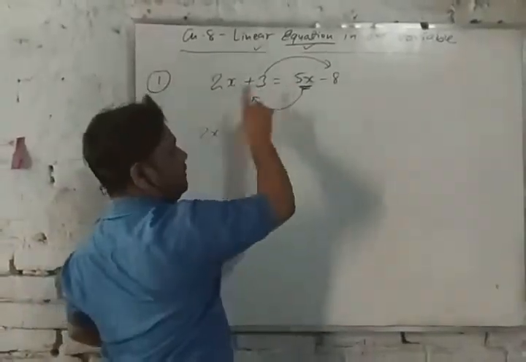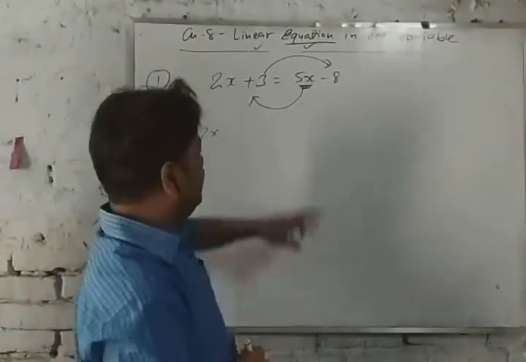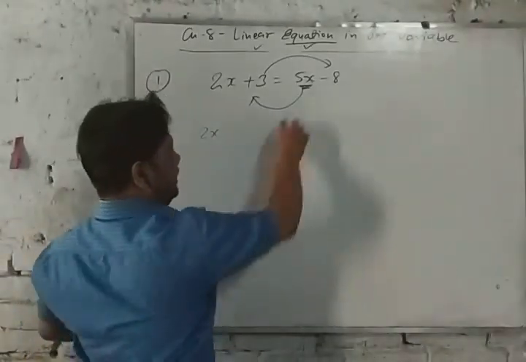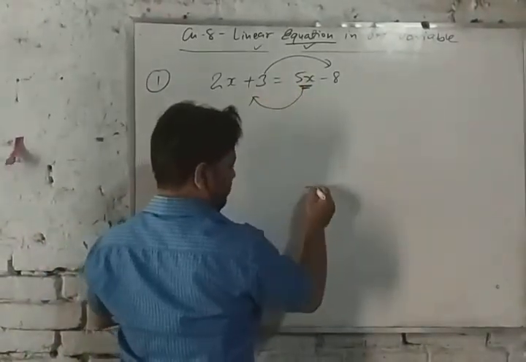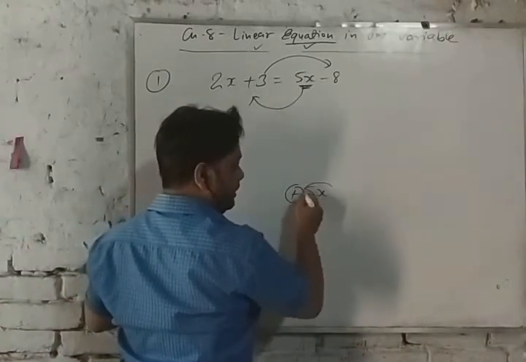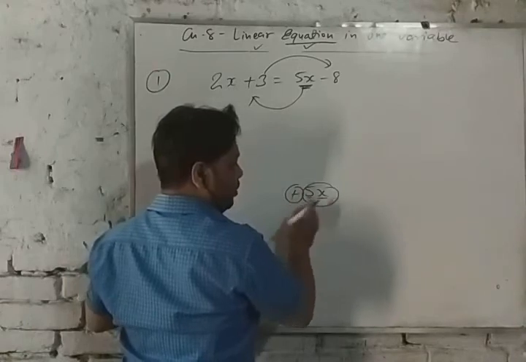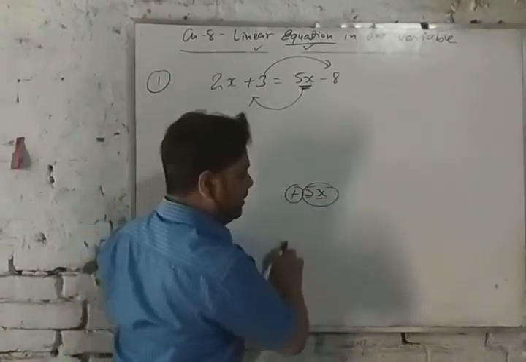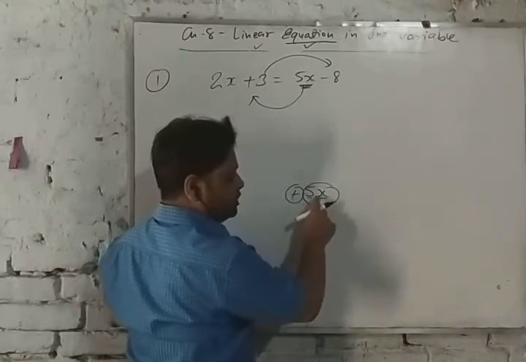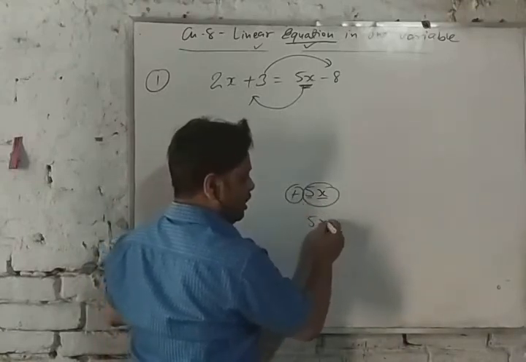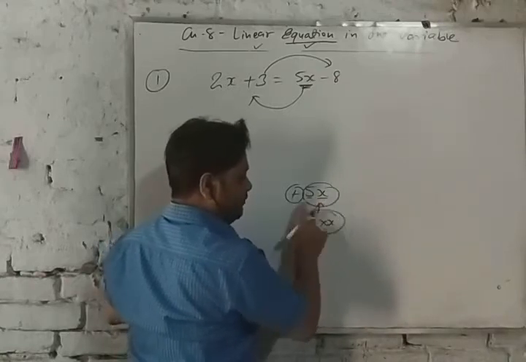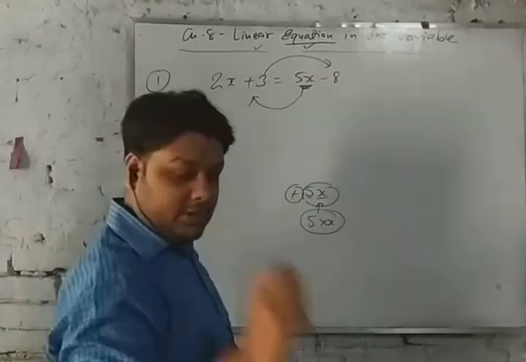It is not visible, but if there is no sign, it is always plus. Also, between a constant term and a variable there is always a multiply sign which is not visible: 5 into x is 5x. Always keep this in your mind.